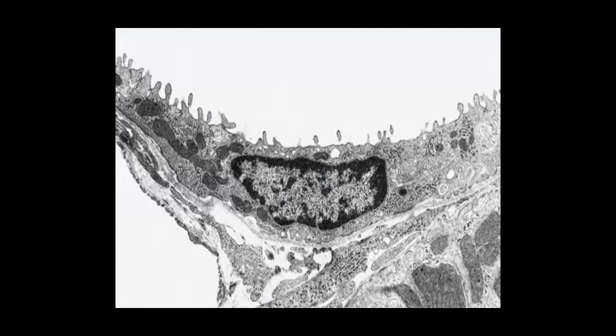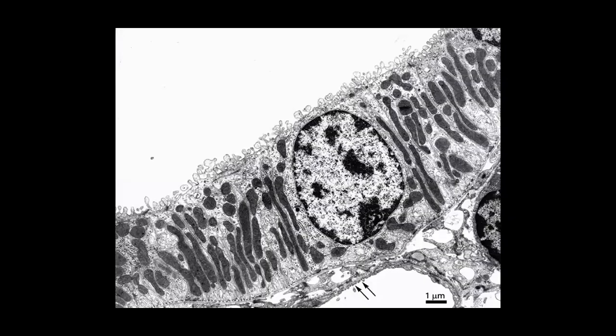Now this is a portion of a transmission electron microscope picture of the thick ascending limb of loop of Henle. See the thick epithelium, very big nuclei, good amount of mitochondria, but villus amplification is not much. So this is the picture of the thick ascending limb, also called TAL, thick ascending limb of loop of Henle.